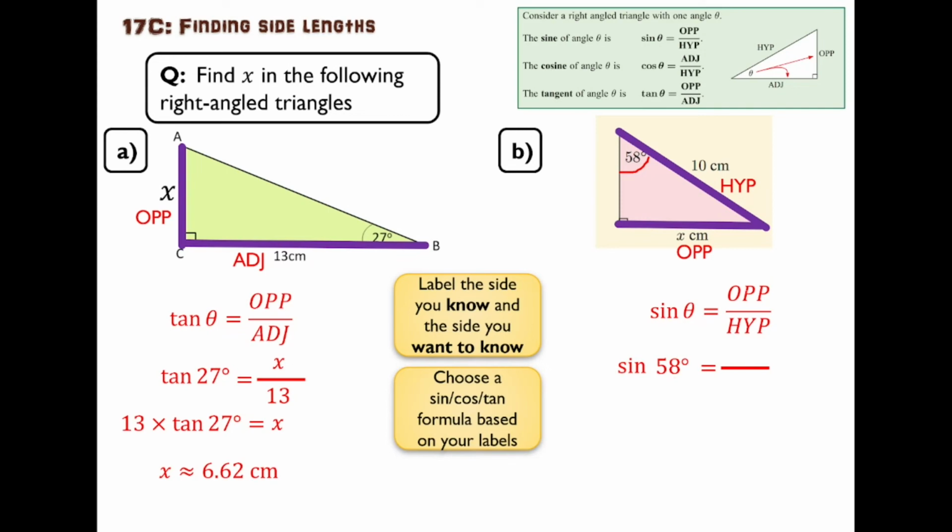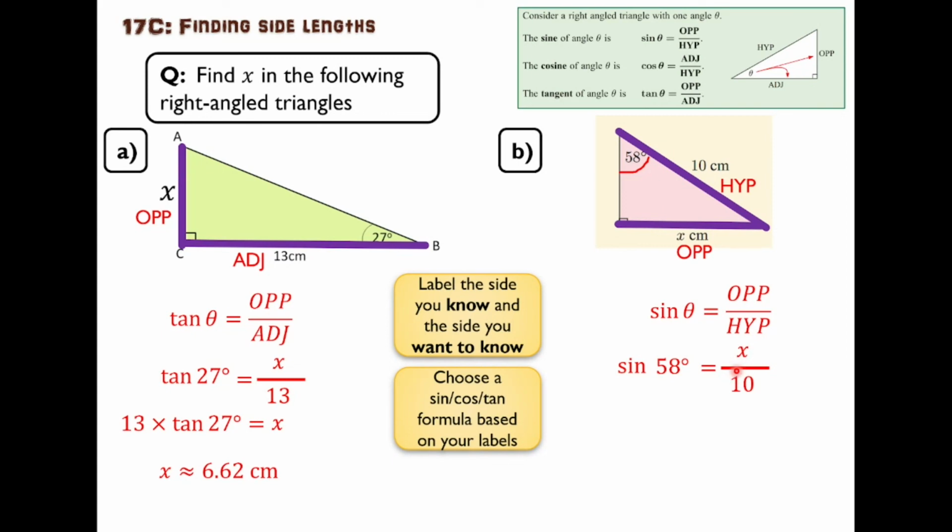On the top of the fraction, the numerator, is the opposite side. And the opposite side is x. On the bottom, I have the hypotenuse, and the hypotenuse is 10. So sine of 58 degrees equals x over 10. Now I want to get x by itself.